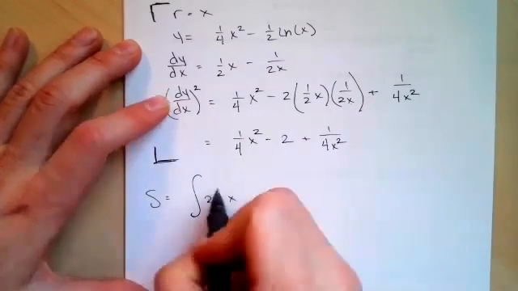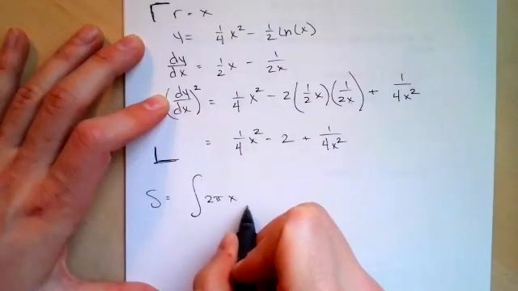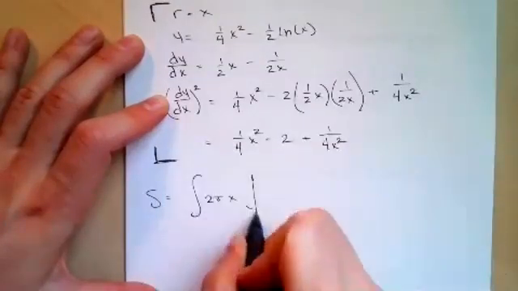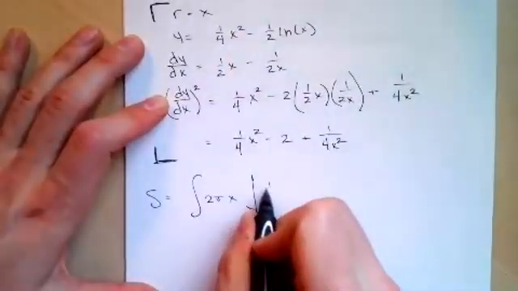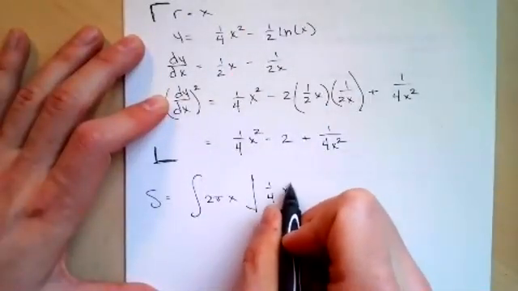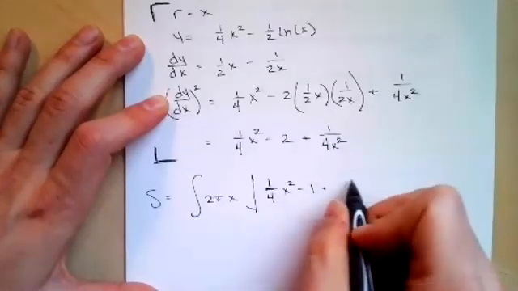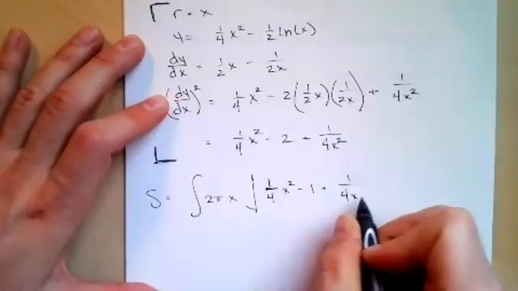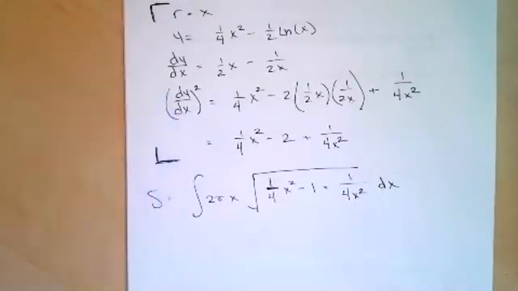We've got our 2 pi x, could have brought the 2 pi out. We've got a square root of, so dy dx squared plus that 1 is going to give us something similar, just by changing that constant there.